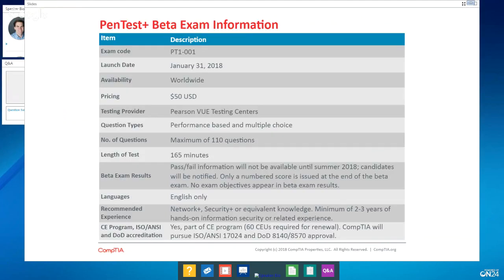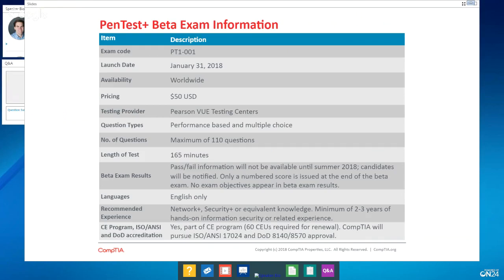Here's some of the information about the beta exam. The exam itself isn't going to be released until July 31st. But in order to make sure the exam is valid, we need to do a beta exam for it because it's new. So on January 31st, we're going to have the beta, and the beta will be available at Pearson VUE testing centers.